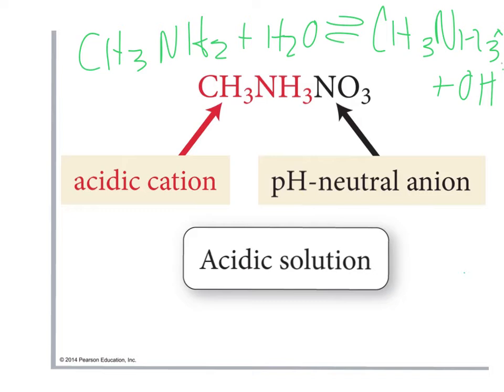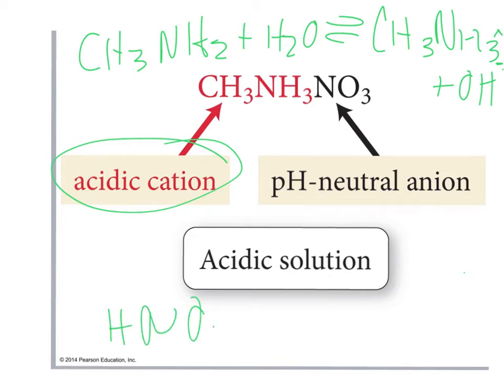So that was a base. That means that this CH3NH3 plus is the conjugate acid, right? So it's an acidic cation. But NO3 originated from HNO3, which is a strong acid, meaning that NO3 has no real basic quality to it. And so this would be acidic.